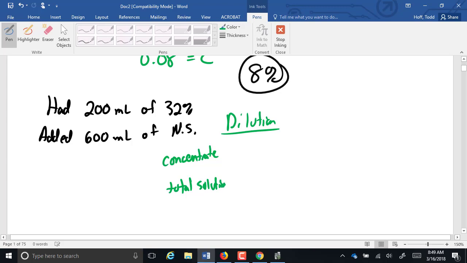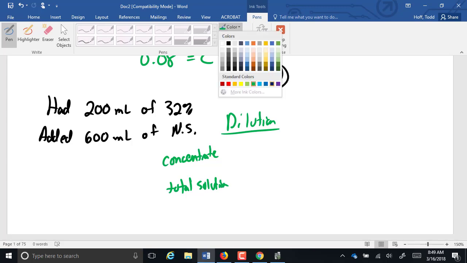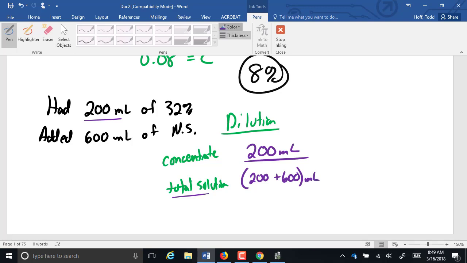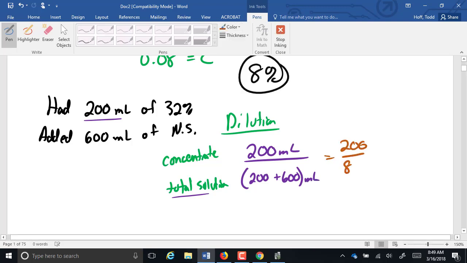So remember, the concentrate is the amount of the higher concentrated solution, which is 200 milliliters. What's the total solution? You got it, the 200 plus 600. So that's 200 over 800, which of course reduces to a 1 in 4 dilution. So that's our dilution.